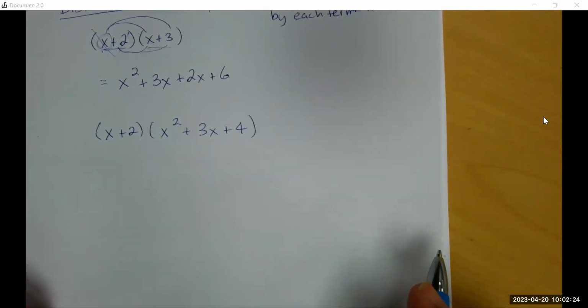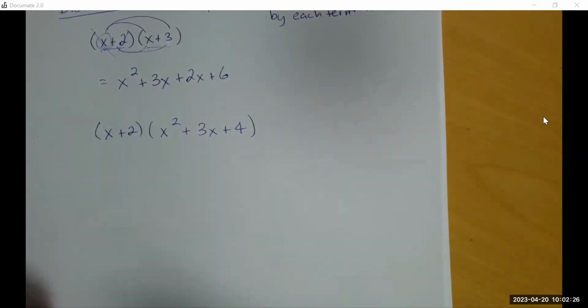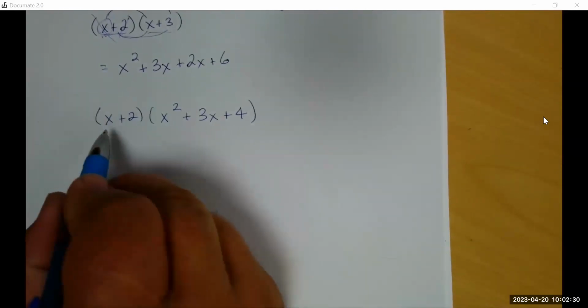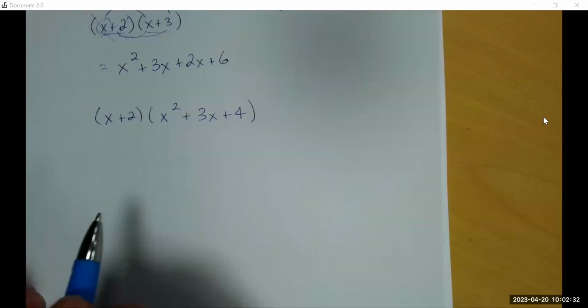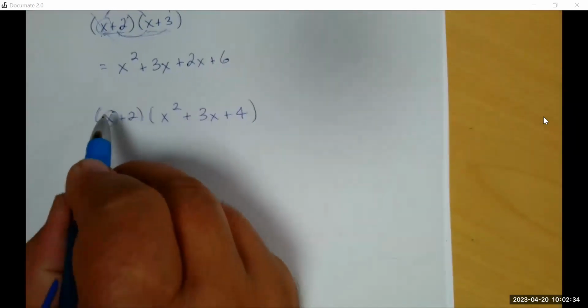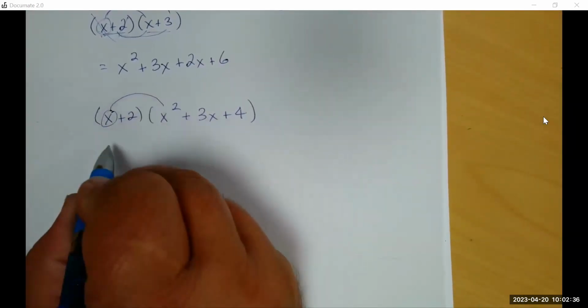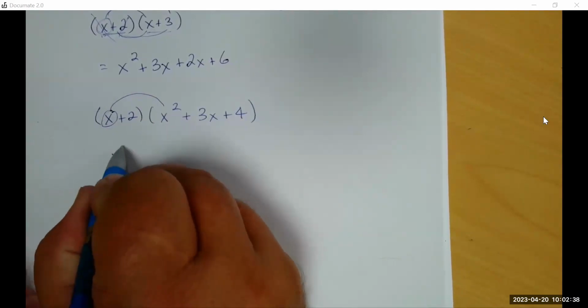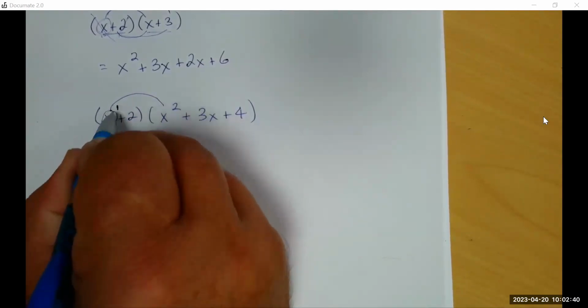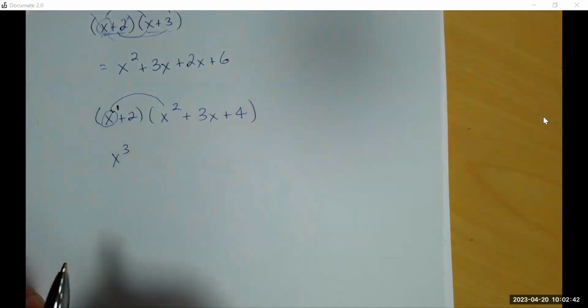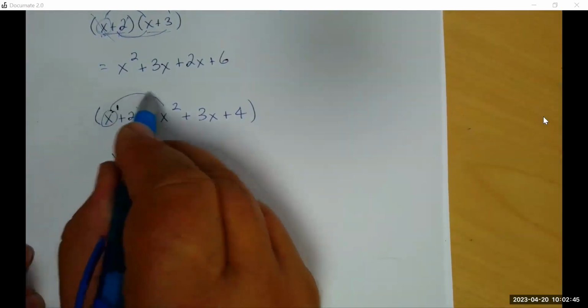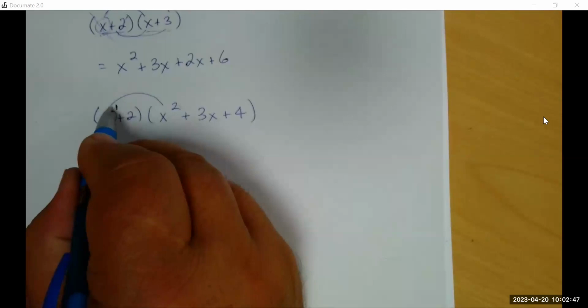Oh yeah, these are going to be much easier, because I think these are just straightforward stuff. So everything in the first parenthesis multiplies everything in the second. Let's look at x. X times x squared. There's 1 up here, so 1 plus 2 is 3. Positive times positive is positive.